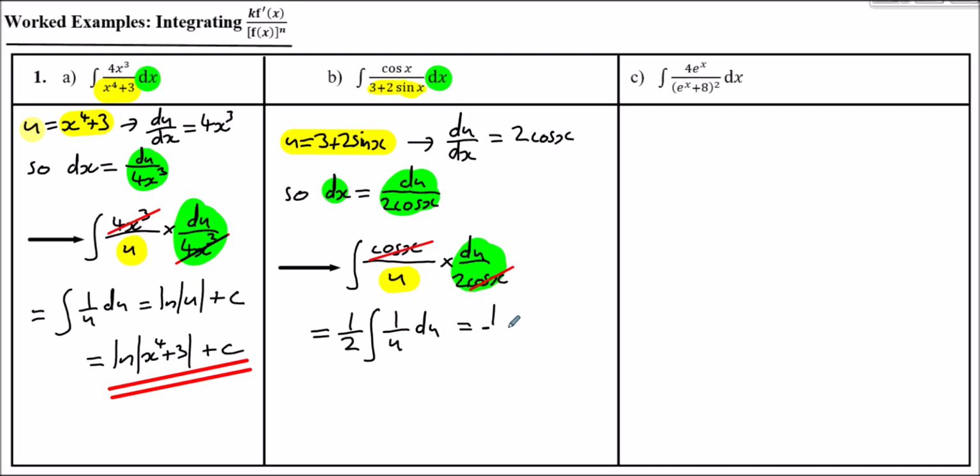So we're going to get a half ln mod u plus c. And again, subbing in what u was, go back to the original variable in terms of x, we have half ln mod 3 plus 2 sine x, plus c.